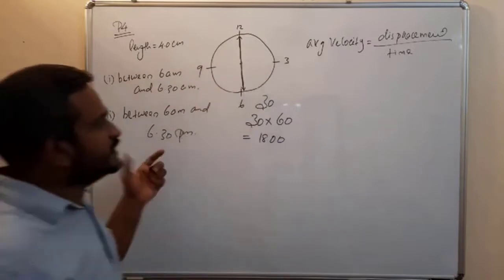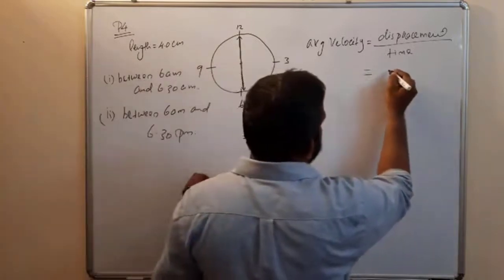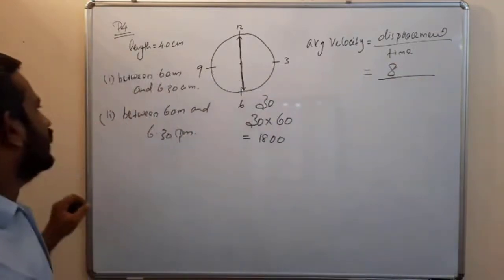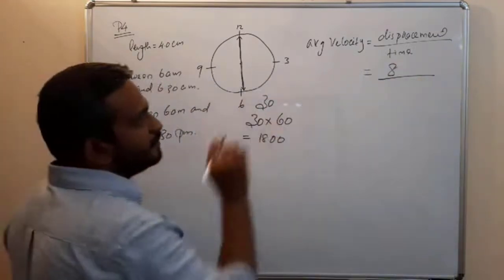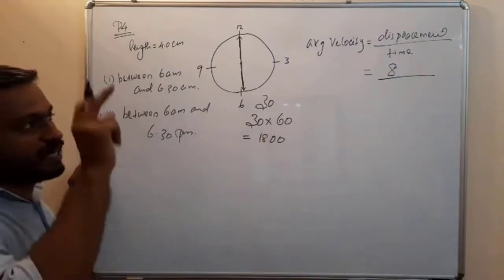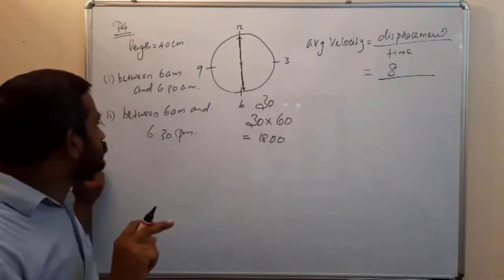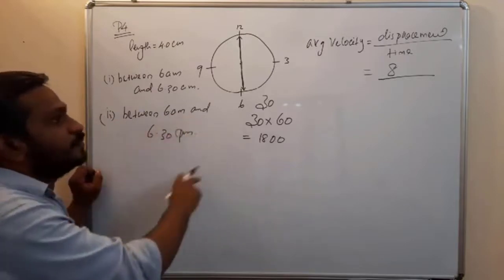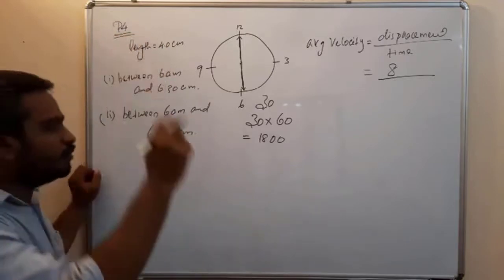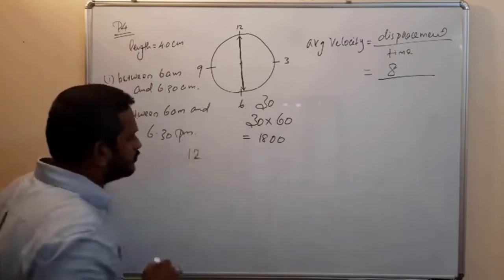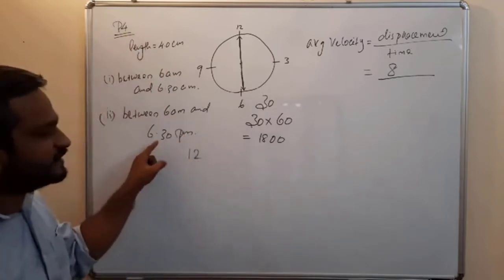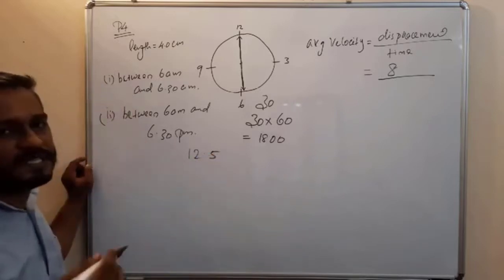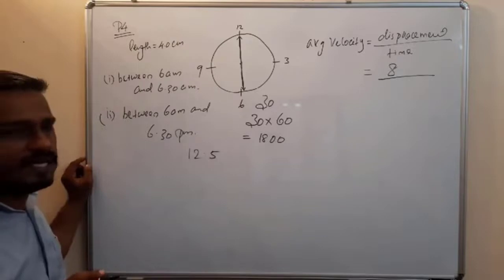So the displacement is again 8, divided by time. How much time from 6 a.m. to 6:30 p.m.? Morning 6 a.m. to evening 6 p.m. is 12 hours, plus 30 minutes, so 12 hours and 30 minutes.